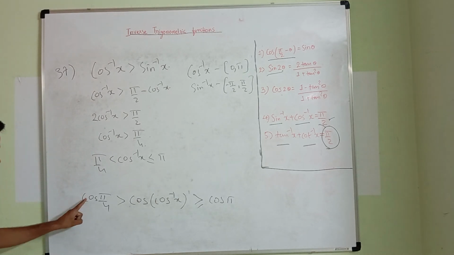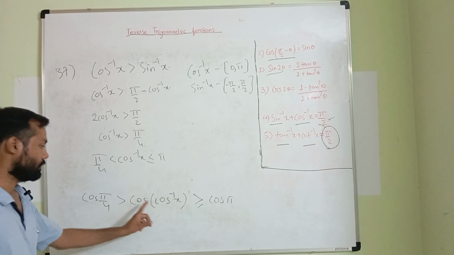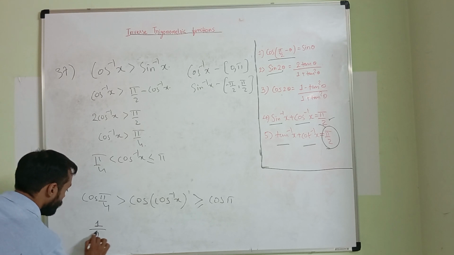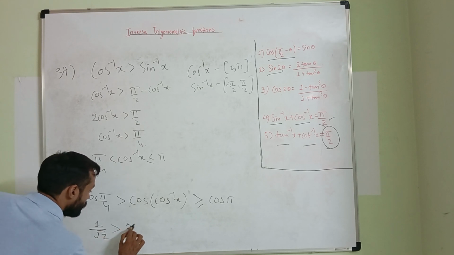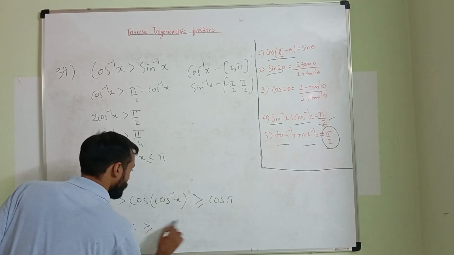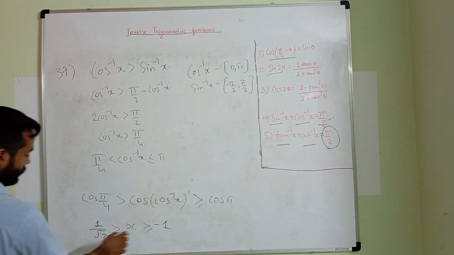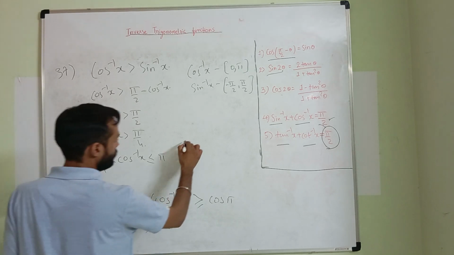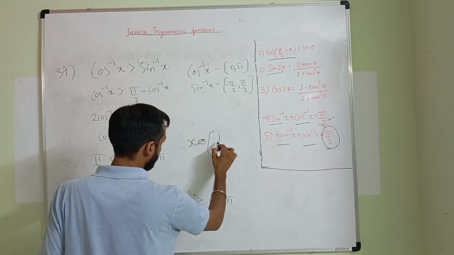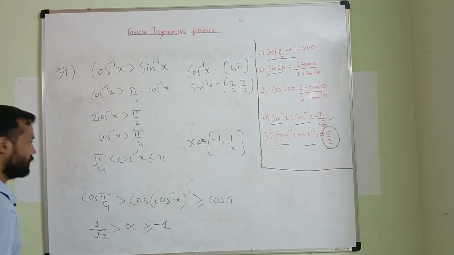When we apply the cos function in this quadrant, cos is a decreasing function, hence the sign gets reversed. So this will be 1 by root 2 greater than or equal to x greater than or equal to cos pi, which is minus 1. Hence our value of x will be from minus 1 to 1 by root 2.